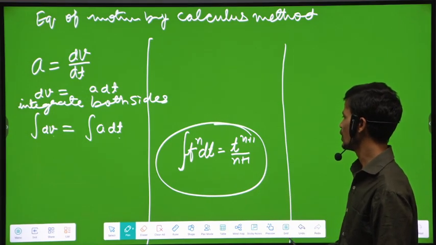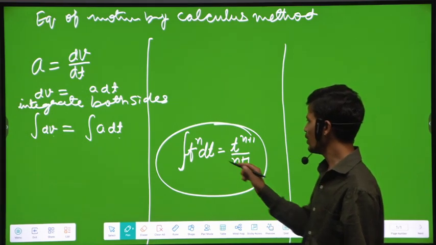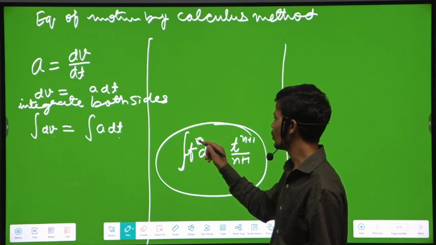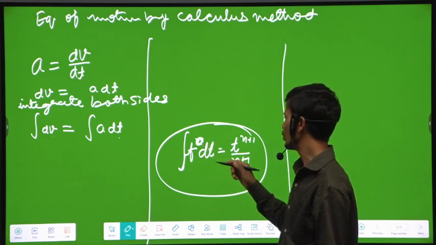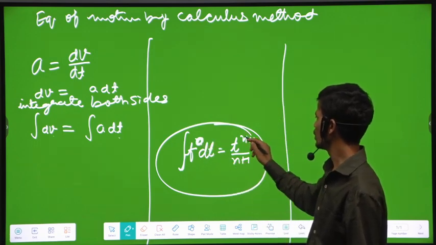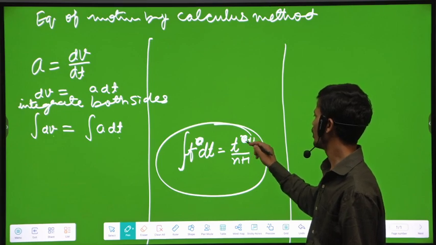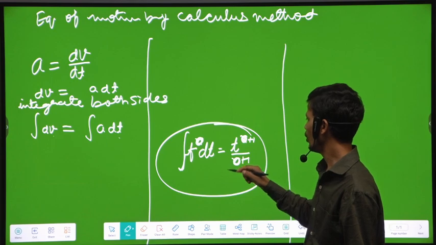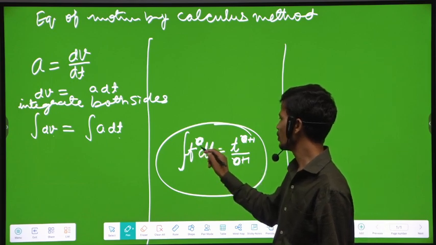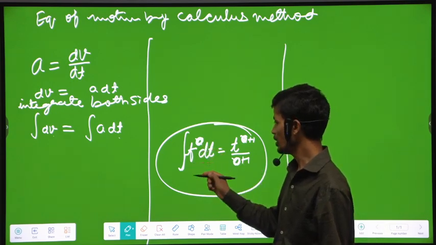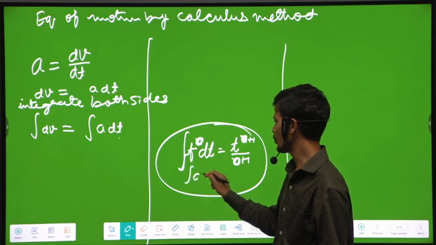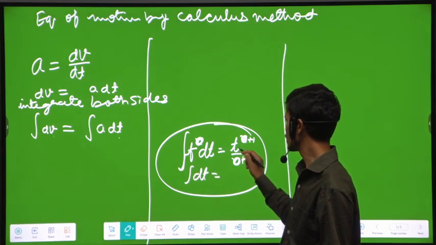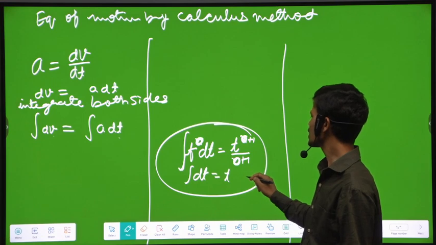This formula we are going to use, and if power is 0, then it will be t to the power 1 by 1, or we can say t to the power 0 means 1, that is integration of dt means t plus some constant.